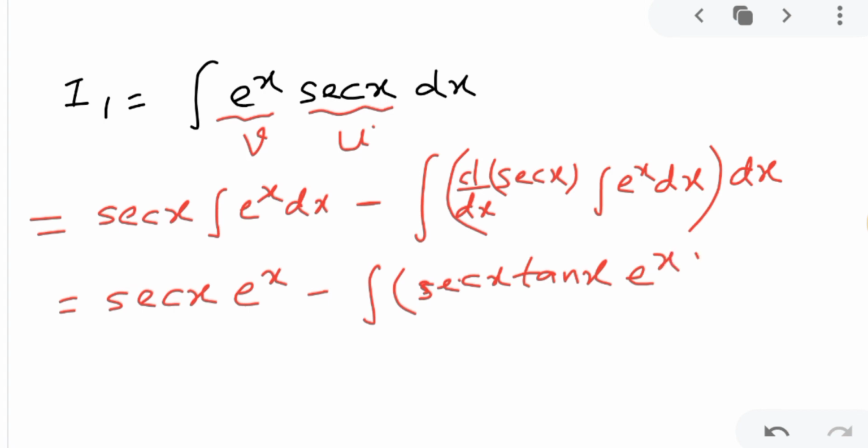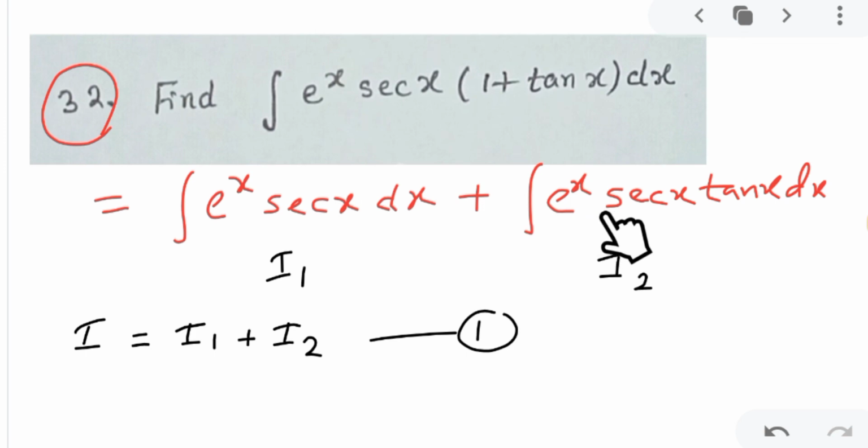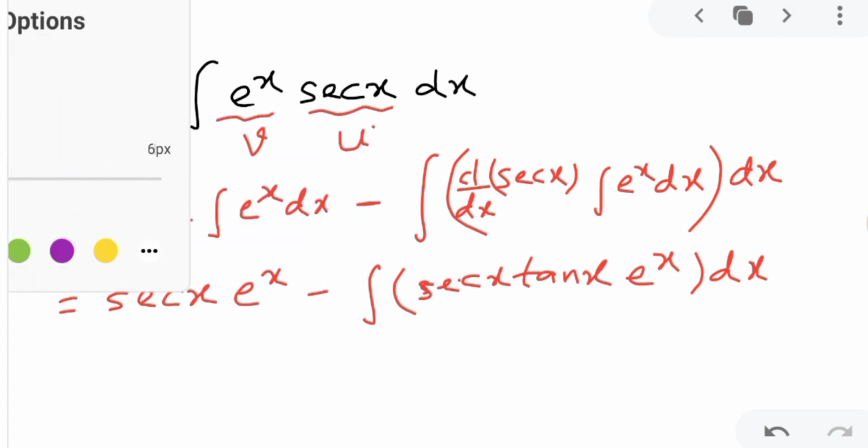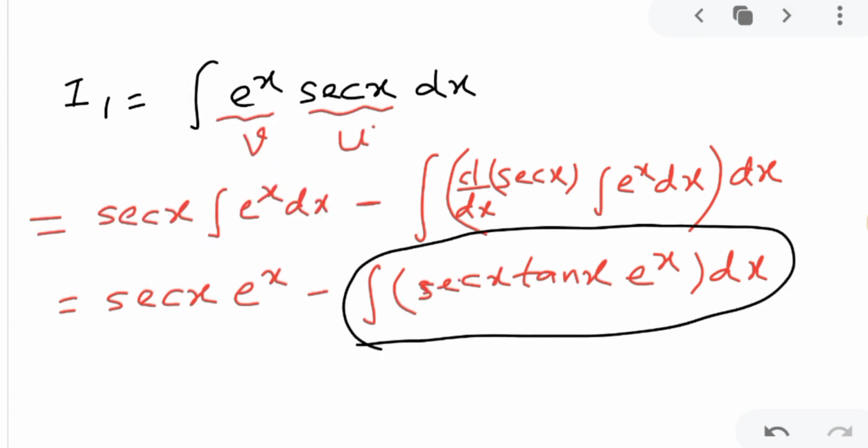Now if you observe carefully, sec x tan x into e to the power x dx is the same as I2. I2 is nothing but the integral of e to the power x sec x tan x dx. This is the same as I2, okay?